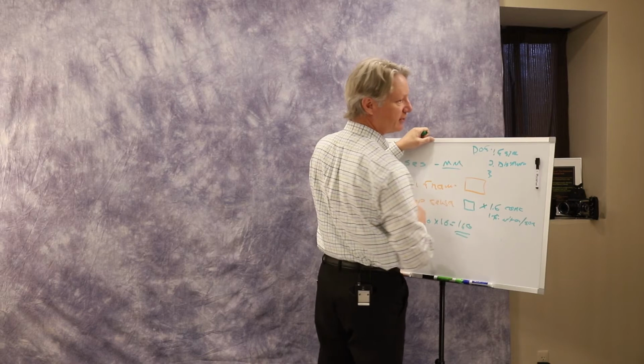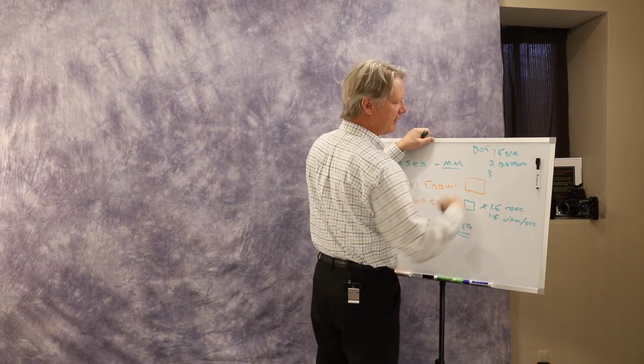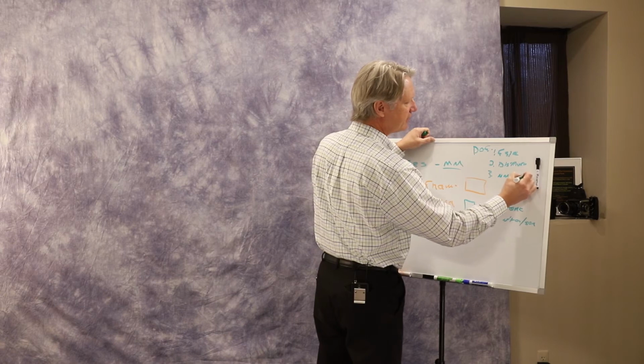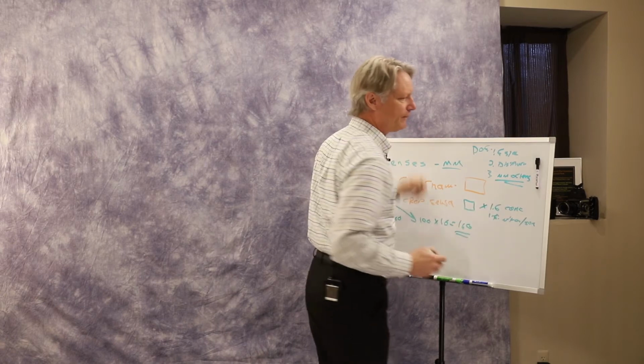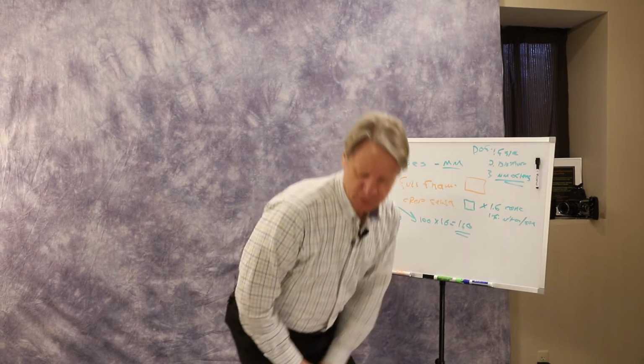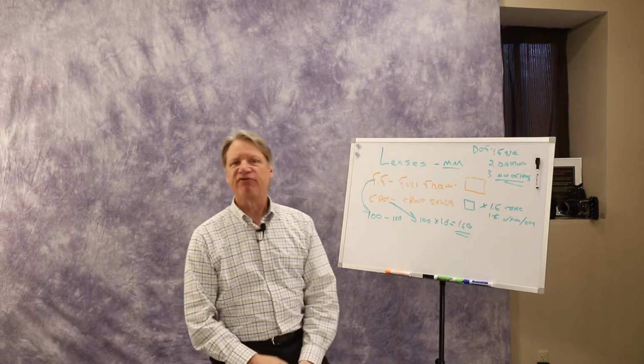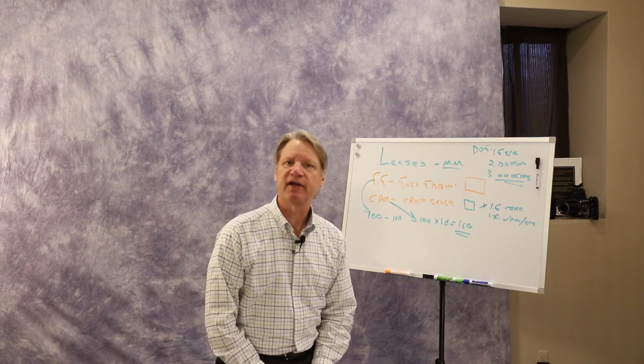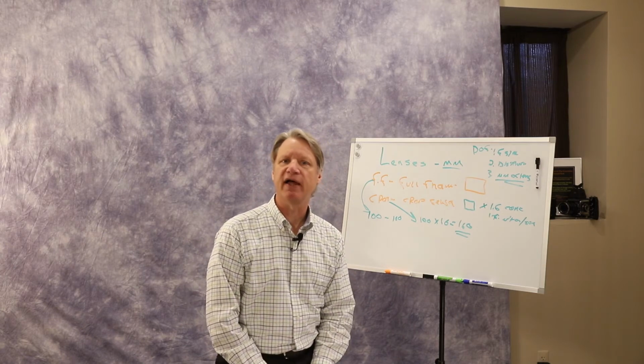How close you are to your subject. What's the third one? Obviously what I'm talking about, millimeter of lens. Okay? So a contributing factor to depth of field is millimeter of lens.